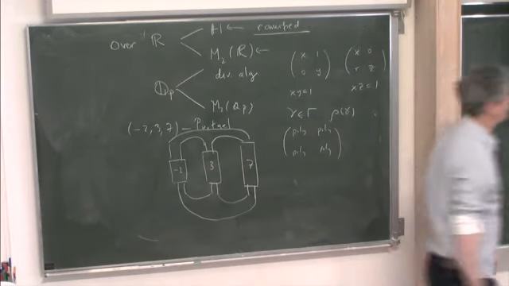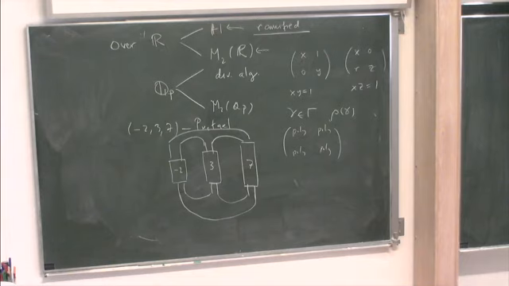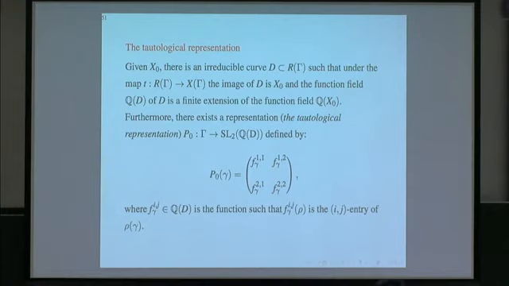I haven't quite said what the function field is. It's not quite the function field of the canonical component; it's some finite extension thereof. I've put Q here because I'm thinking everything is defined over Q. That's a slight lie, but not a big enough one to worry about. There are other bigger lies that you should be worried about. But anyway, that's what the tautological representation does: it sends the group into SL2 of this function field.